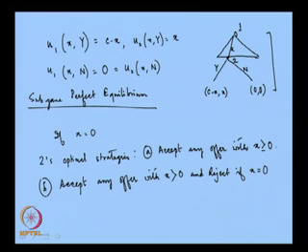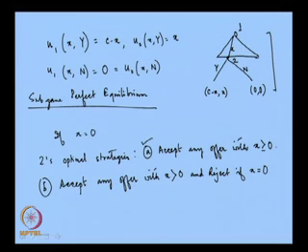Now, both of them are optimal for player 2 as we have just seen, but as far as player 1 is concerned, if the strategy is this one, accept any offer with x positive or equal to 0, then player 1's optimal action with respect to this strategy is to offer 0.